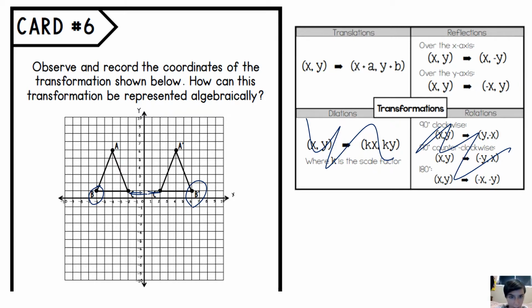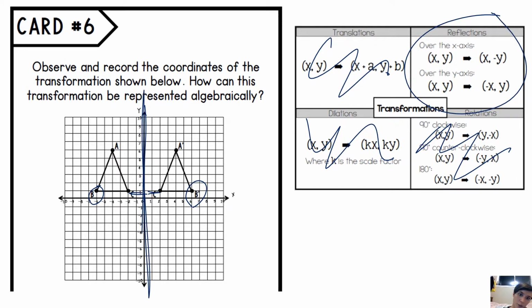Therefore, we know that it's not going to be a translation, because number 1, the B is in the wrong spot, and number 2, it looks like a reflection, and also we've double checked it by making sure that it's equidistant from the axis. So it's a reflection. And just by looking, we know it's been reflected over the y-axis. Therefore, it's not that one, it's this one.